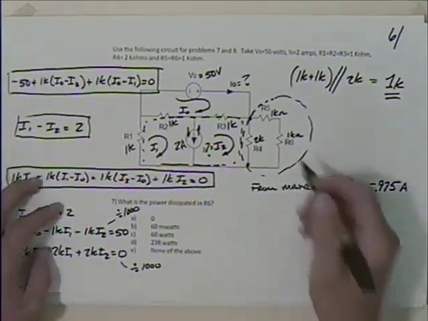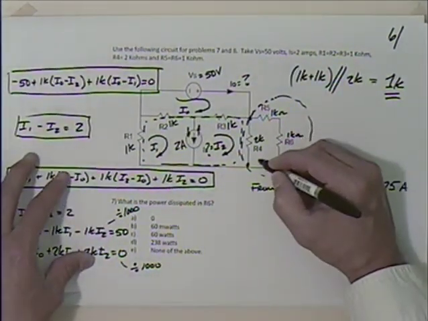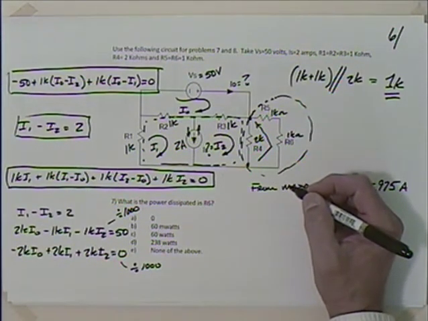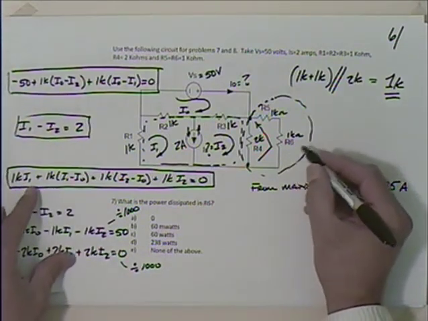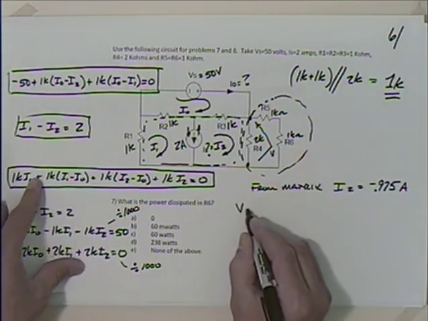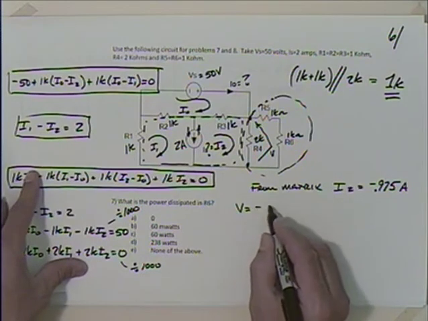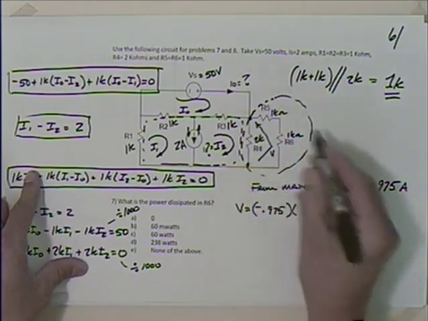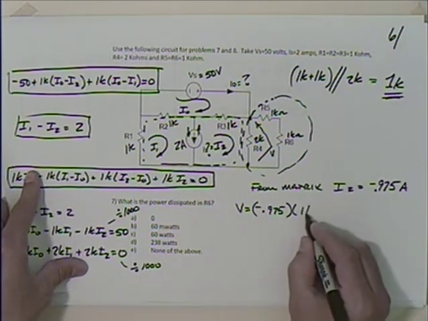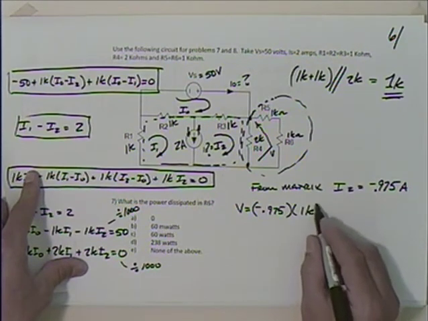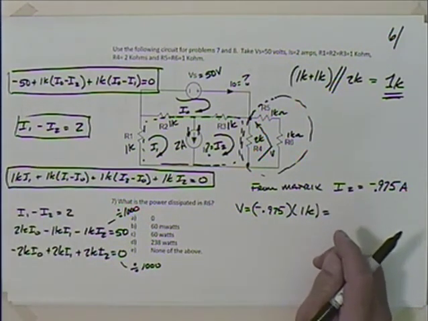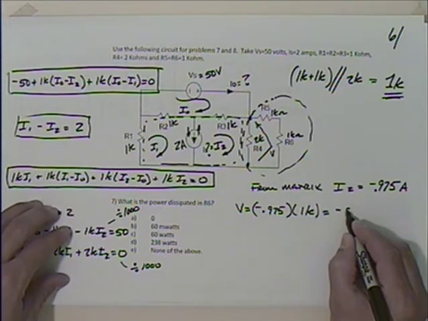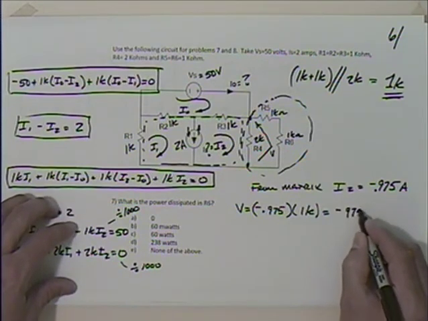What can I do? I could say then that the voltage across there is equal to, what's that going to be? V would be equal to minus 0.975 times the resistance, which that whole mess was 1K ohm. So I come up with minus 975, right?